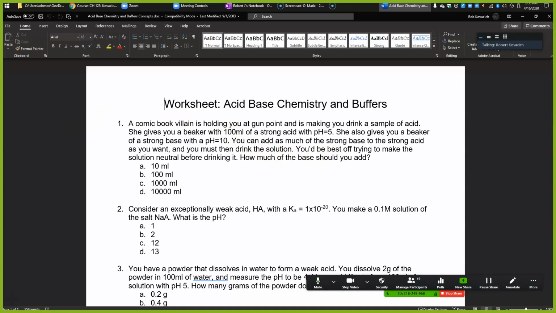I don't see a good one in this worksheet. I'll find another one, but while I'm looking, I want you guys to read this question and be able to answer it for me.